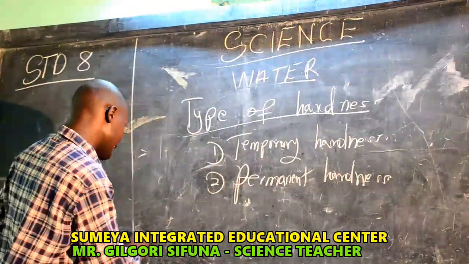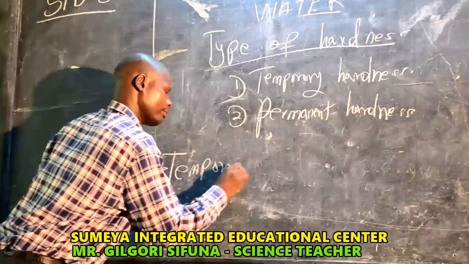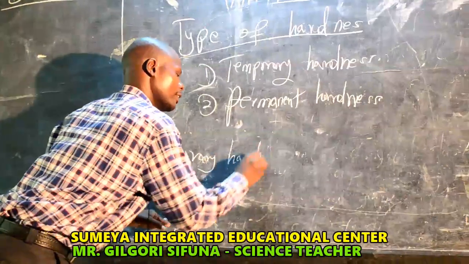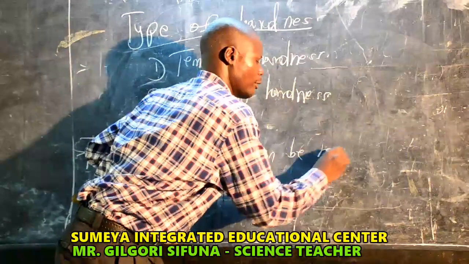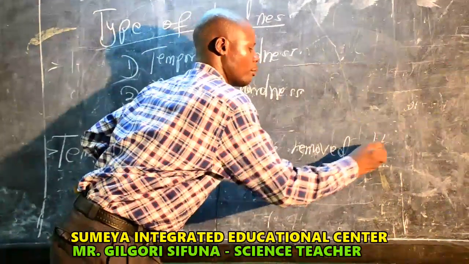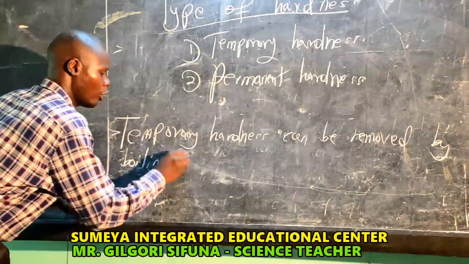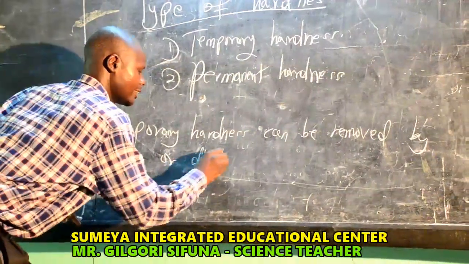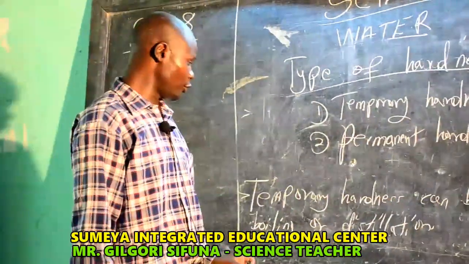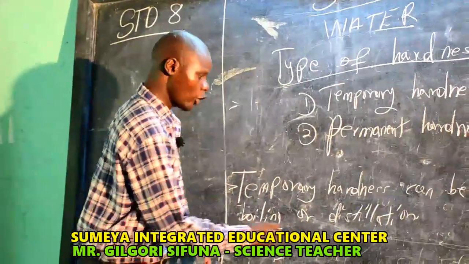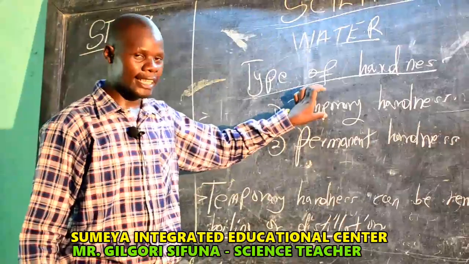Temporary hardness can be removed by boiling or distillation. That is the method that can remove temporary hardness.